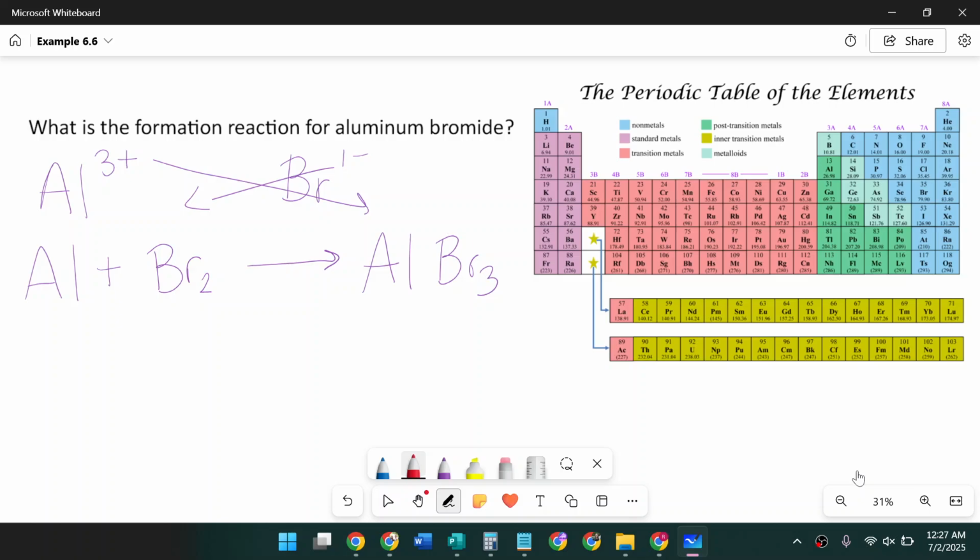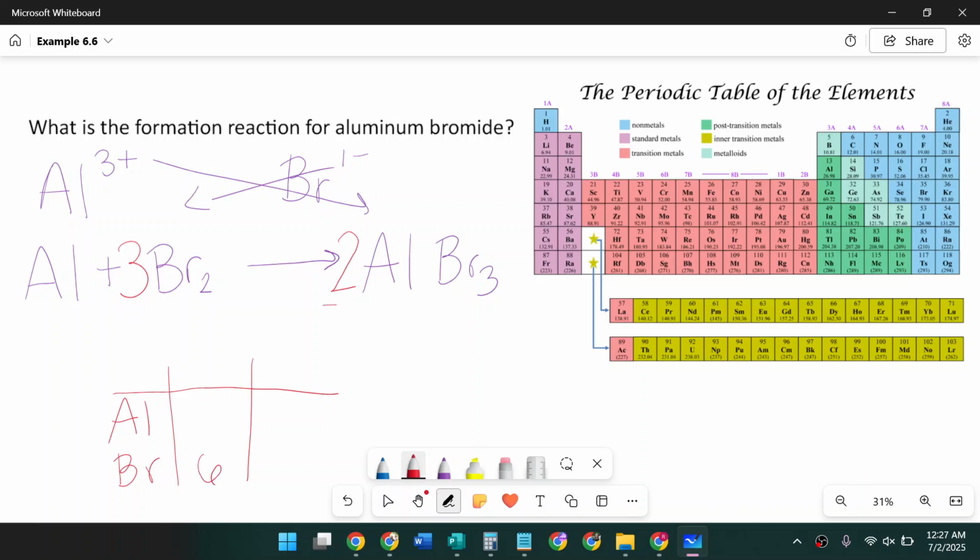And so let's do that. Let's put a 2 here and a 3 here. And that means we now have, I can make my chart down here, aluminum and bromine. On the reactant side, I have 3 times 2 makes 6 bromine.